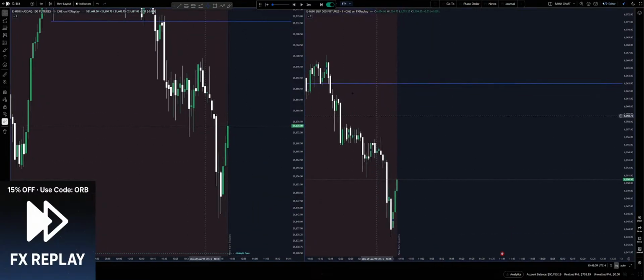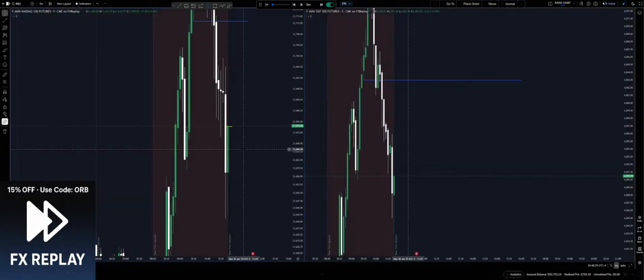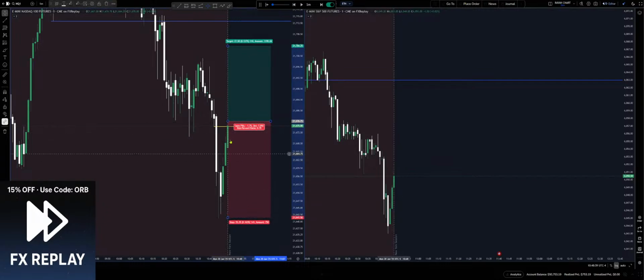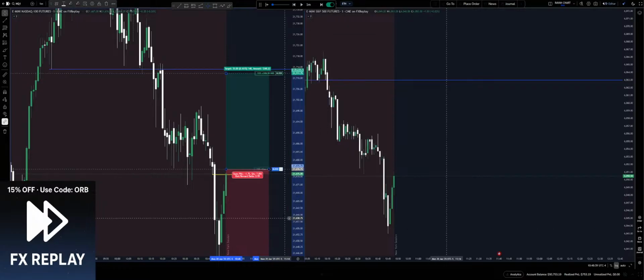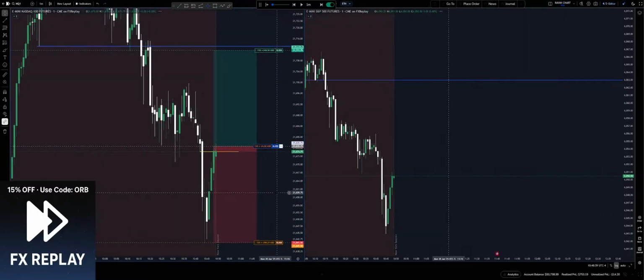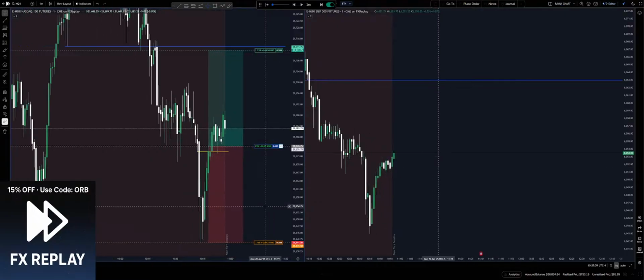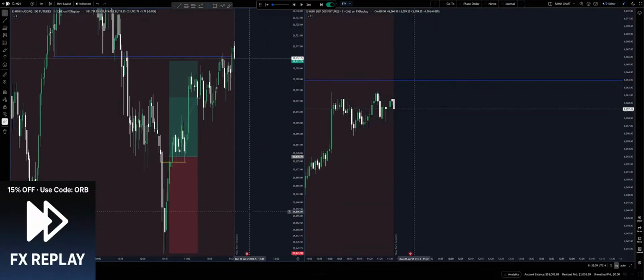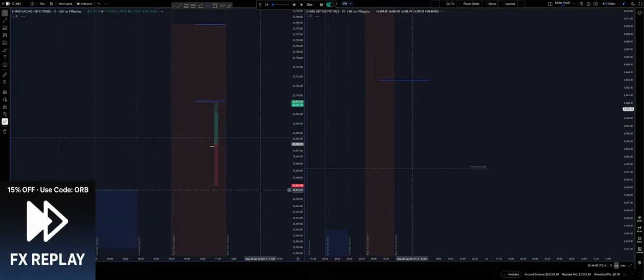If we invert this gap, which we did right here, 5 minute, not yet, stop order. All right, clean trade. Okay, go next day.